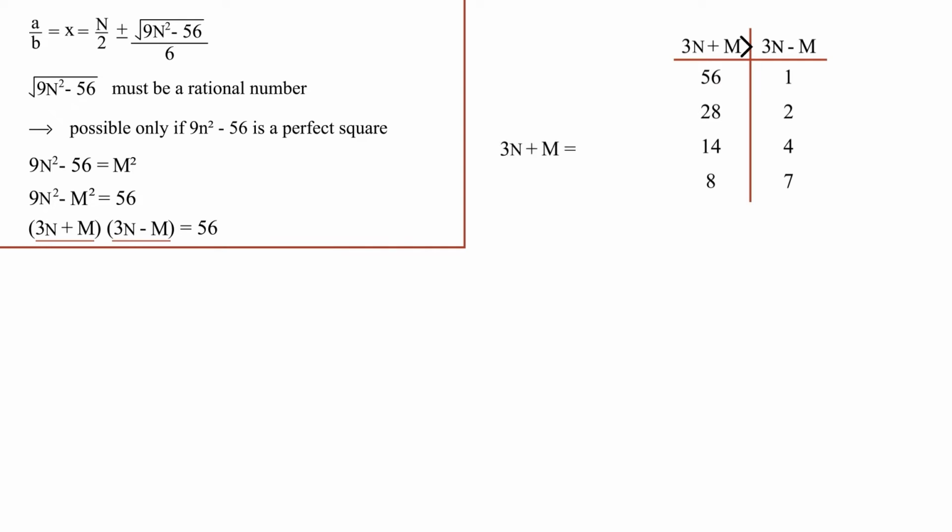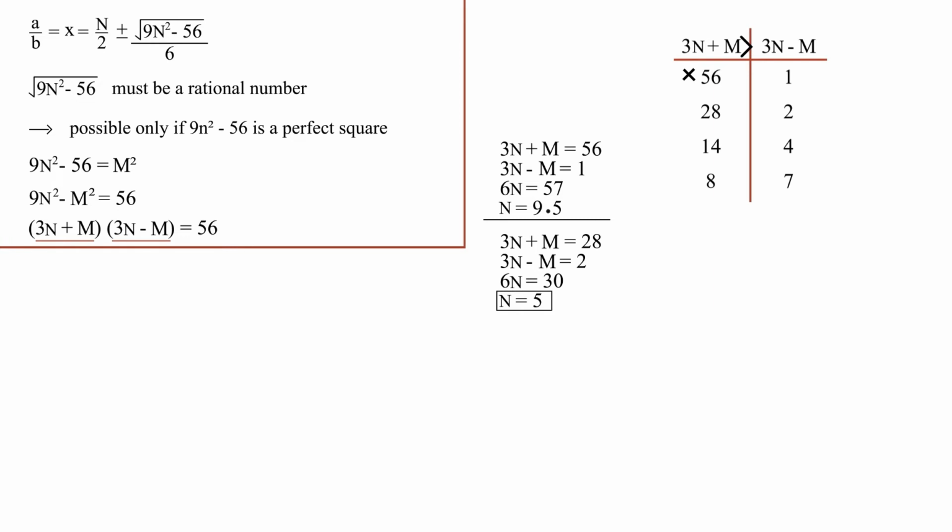For the first one, 3n plus m is equal to 56, and 3n minus m is equal to 1. Adding these, you get 6n is equal to 57, and therefore n is equal to 9.5. Now n, remember, has to be an integer, so this is no good. Next one, 3n plus m is equal to 28, and 3n minus m is equal to 2. Adding these, we get 6n is equal to 30, and therefore n is equal to 5. So this is definitely one of the solutions we are going to use to figure out a and b later.